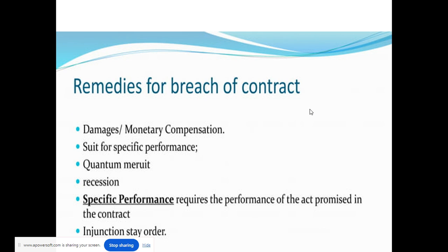So, what are the remedies for the breach of contract? There are damages, or monetary compensation. Breach of contract occurs when one party in the agreement fails to deliver according to the terms of the agreement.